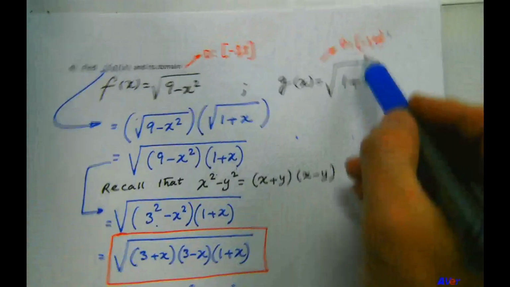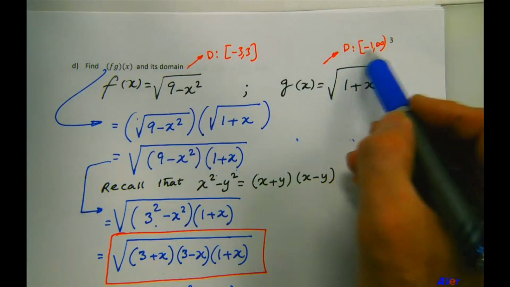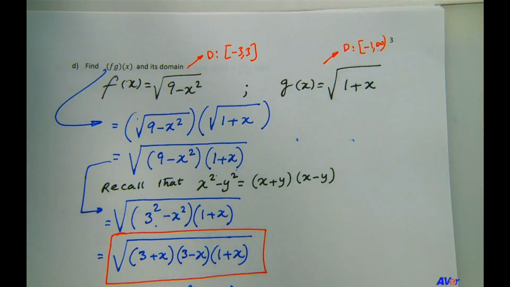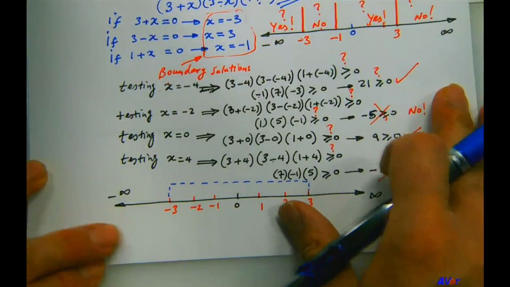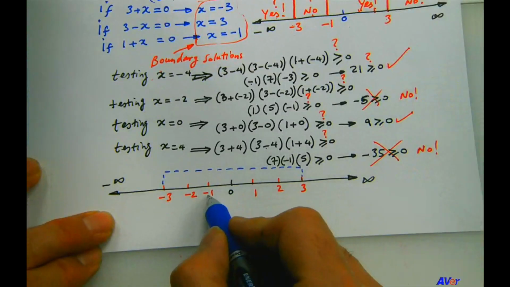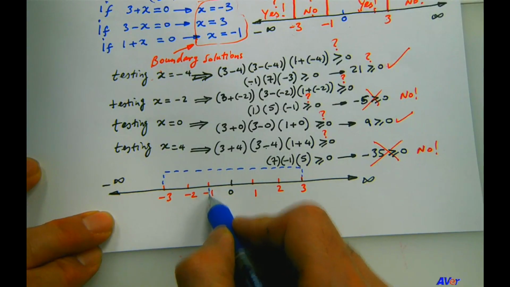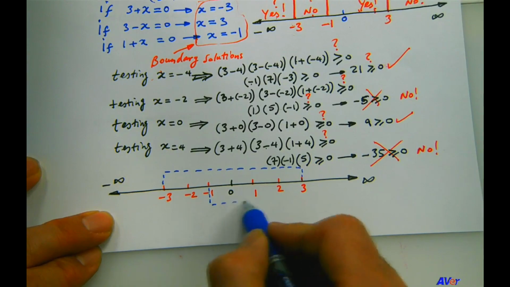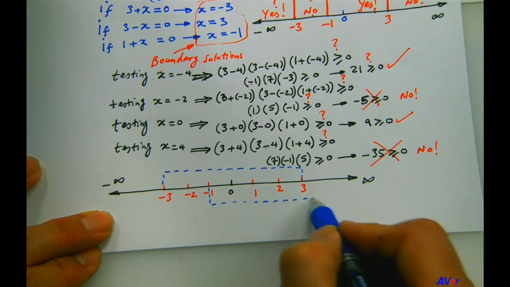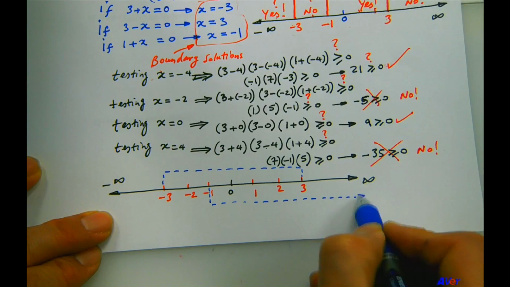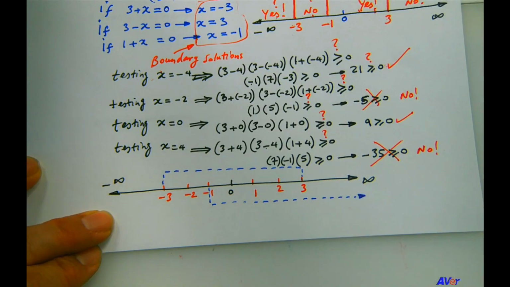Now let's graph this one, this domain, -1 to infinity. Okay? That's the domain of the other parent function. So -1 to infinity would be from here all the way to infinity, right?